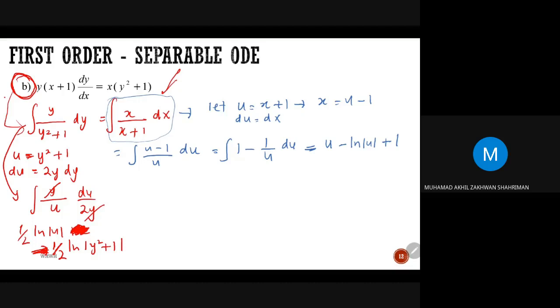Right? Everyone gets this? So from here, plus C. Okay, u minus ln u plus C. So your answer here, you get x plus 1 minus ln x plus 1, and then plus C. And then we equate it with the answer on the left, which is half ln y square plus 1.